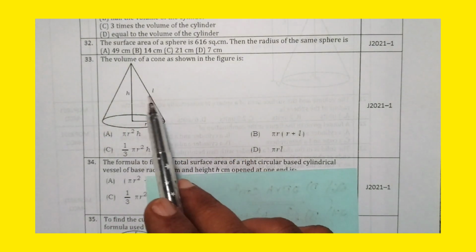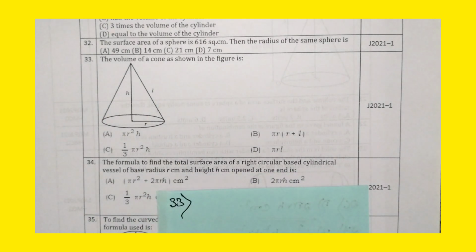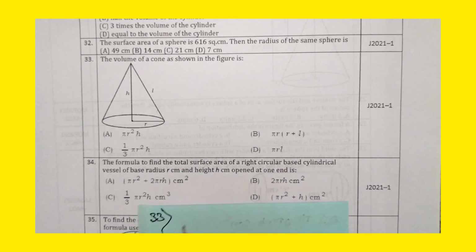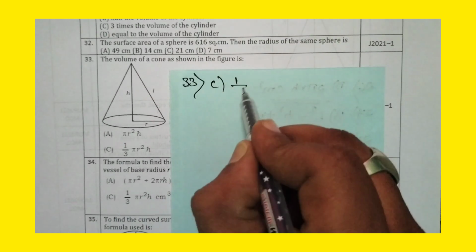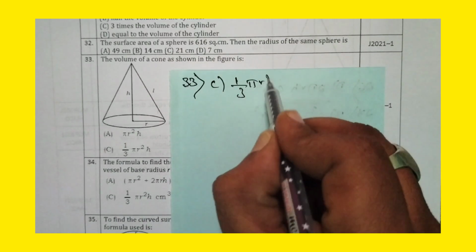They have asked the volume of the cone in the given figure. We know that volume of the cone is equal to 1 by 3 pi r square h. That is option C. So option C, 1 by 3 pi r square h.